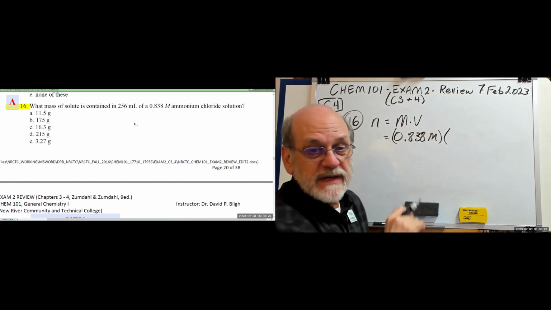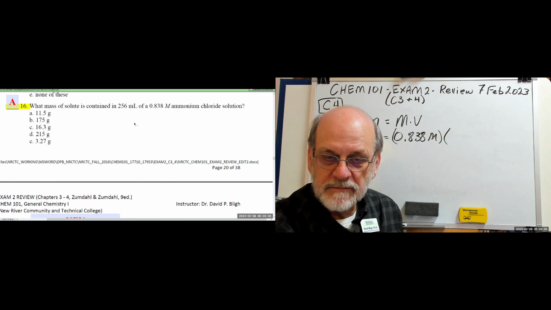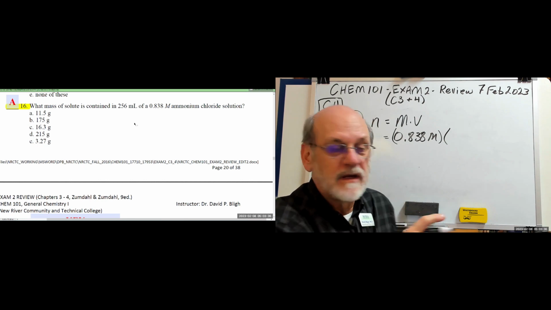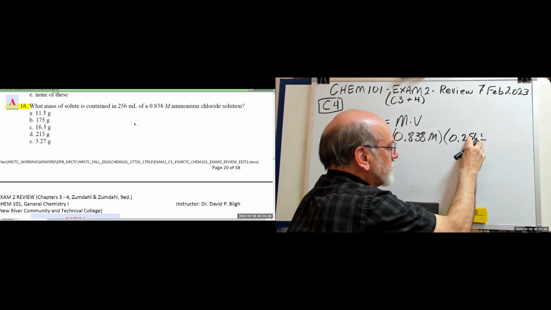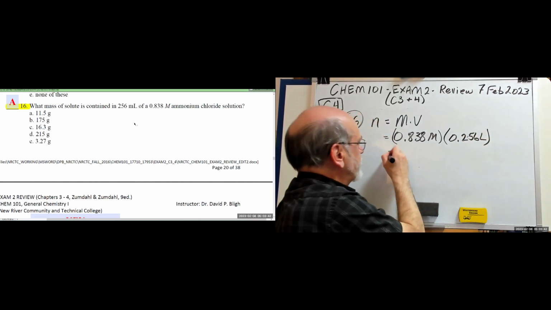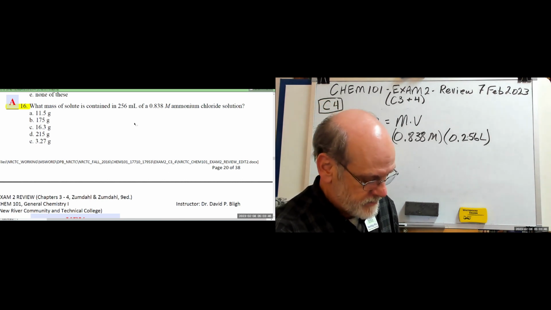Then the volume has to be in liters. So 256 milliliters, move the decimal to the left 3 places, is 0.256 liters. So that'll give us the moles of ammonium chloride.